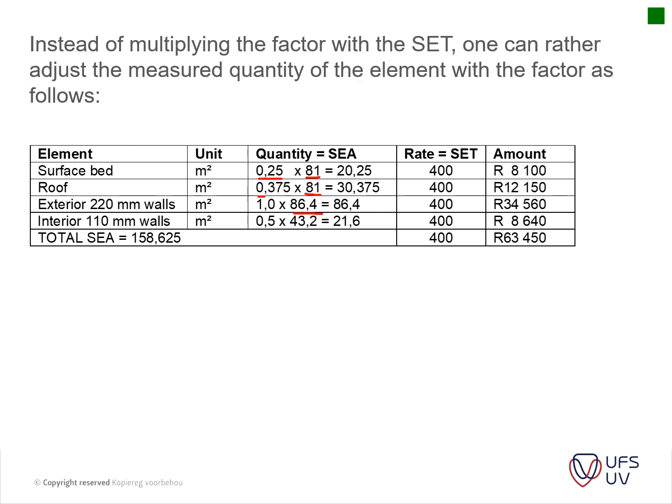Instead of multiplying the factors with our rates, we multiply them with our areas, and thus we get a total area of 158 square meters if we add the 20.25, the 30.37, the 80.4 and the 21.6.